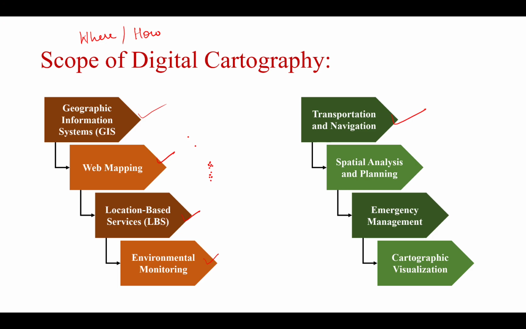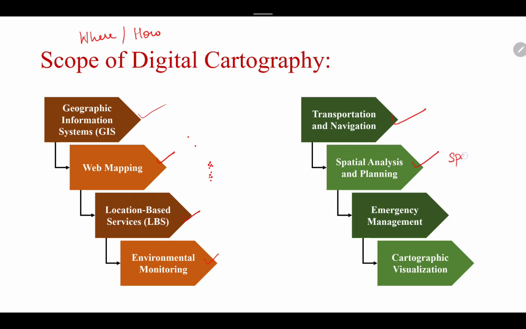So all of this is done using digital cartography. The navigation system will be a little bit different from what we use in cars, but it follows the same tracking, route planning, etc.